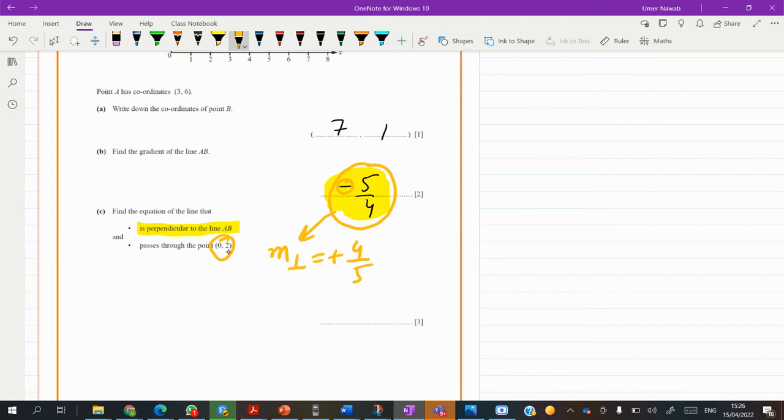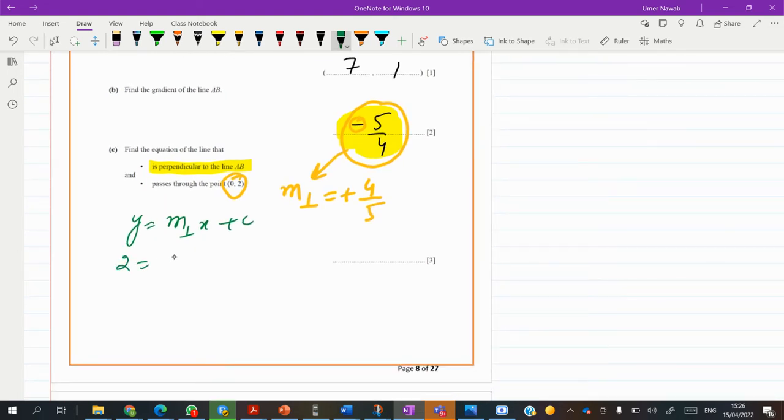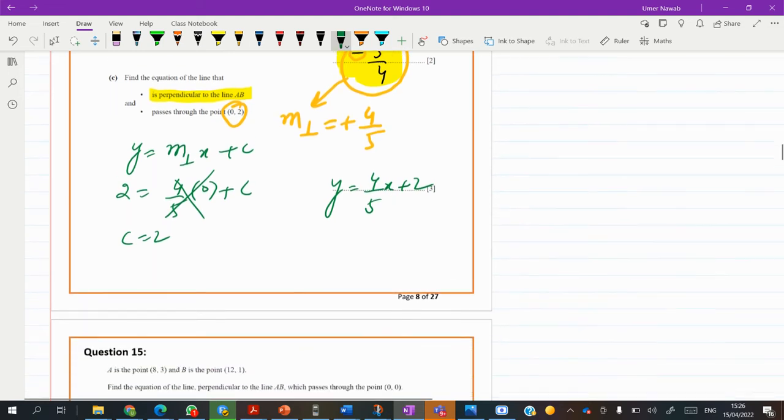I can write the equation directly because the c is 2. However, if you want to check it, you can. Plug the point in: gradient is 4 over 5, x is 0, c finished. So c is equal to 2. y equals 4 over 5 x plus 2 is the equation of the perpendicular line to AB, which is passing through (0, 2).